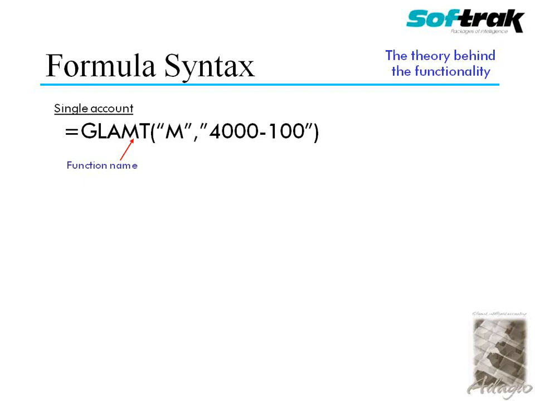And one of them is the function GL amount, and the GL amount takes two arguments. It takes, first of all, a field code or a specification code, and M here means you want the current month's net posted figure, Y is year to date, LY is last year, BAL is the current balance in the account, and then it takes an account number or account-department range, or a range of accounts and departments.